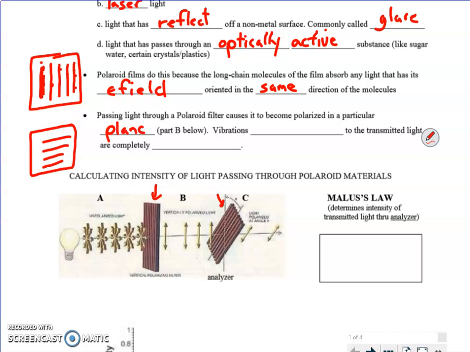So this is referring to part B below. In this case, we have a filter that is, just for argument's sake, these are not the molecules. And I know this will get a little bit confusing, but let's say this is oriented vertically. So only vertical light gets through and all the horizontal gets blocked.